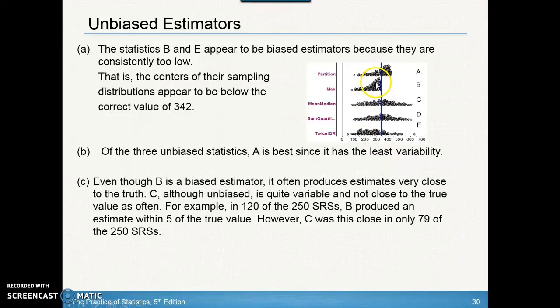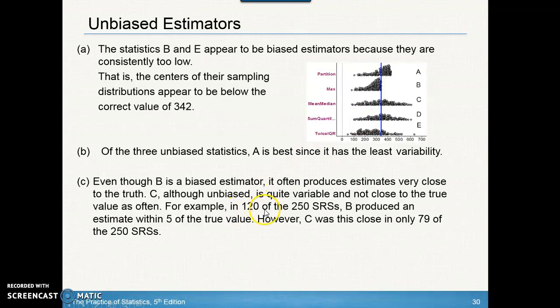Although it is biased, it does give us a pretty good representation of the mean number of German tanks that there were in World War II. Okay, C is unbiased, but it's really quite variable, and we can't necessarily say that a lot of them are close to that true mean.